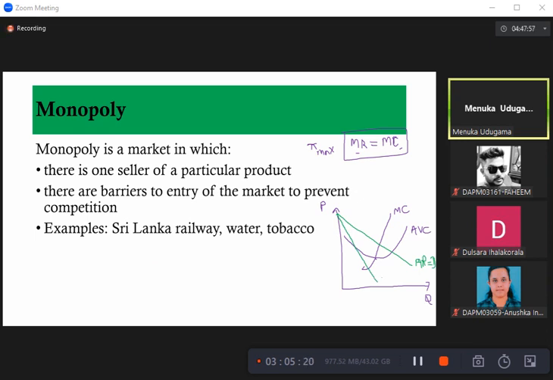And this is the marginal revenue curve. Now, if you know the revenue curves and the cost curves, we can find the profit maximizing quantity to produce. So can you spot or identify that particular point?